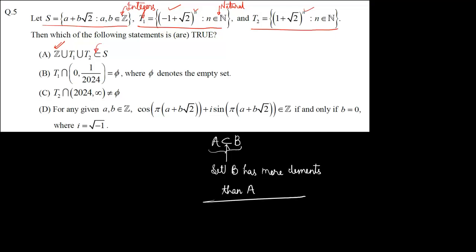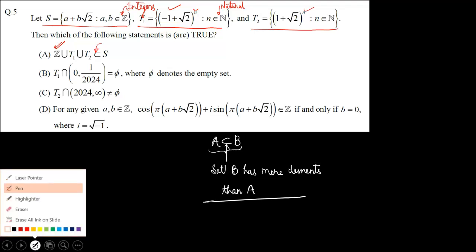This symbol indicates, let me explain with an example: if it is written as A this B, then it means set B has more elements than A. So now let us check option A.